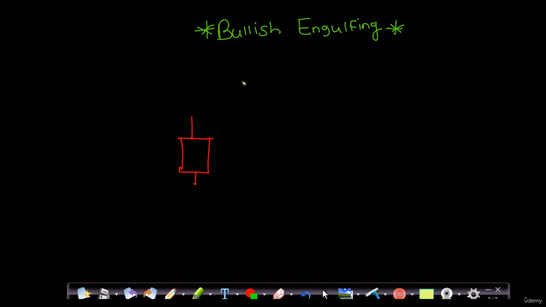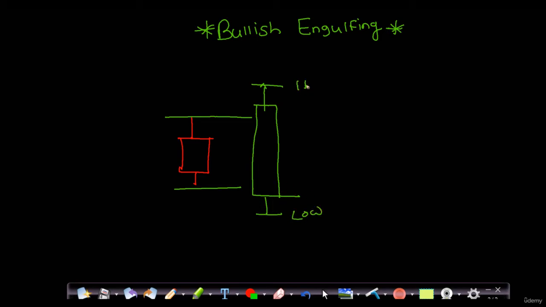Now what is meant by bullish engulfing? Bullish engulfing is enclosed, meaning it's larger than this size; the next bullish candle is just like this one, and this candlestick will form here. What it indirectly means is that the low of the bullish candle and the high of the bullish candle go beyond the inside candle.